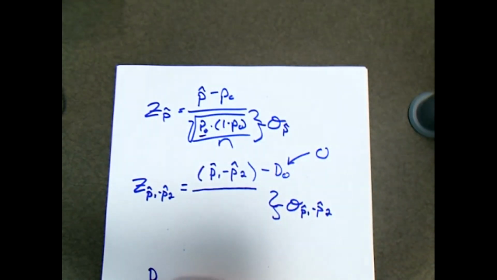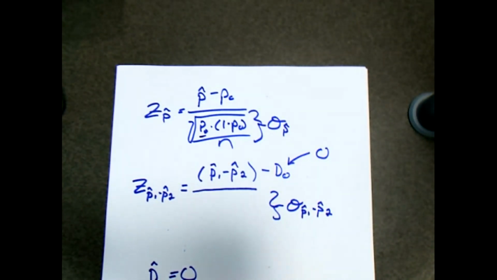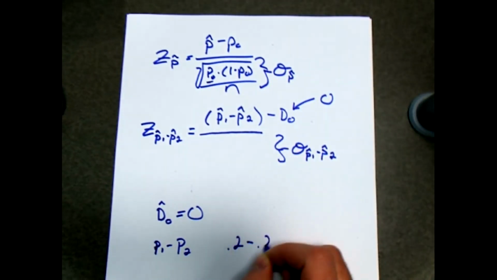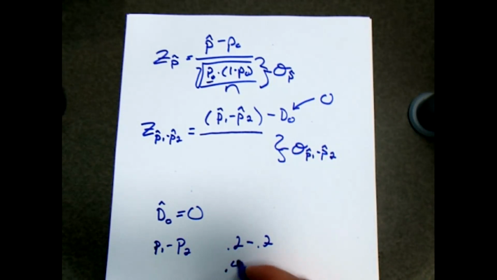Notice if I assume that the true difference is equal to 0, my true population proportions could be 0.2 and 0.2. They could be 0.4 and 0.4. I only have an assumed true value for this difference, not what the actual values are for each proportion.